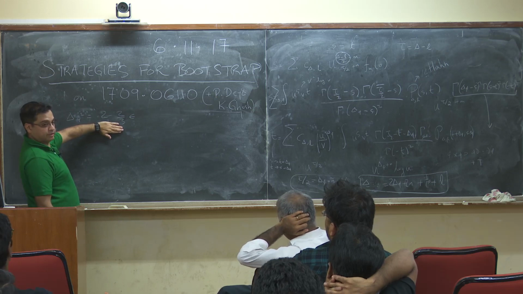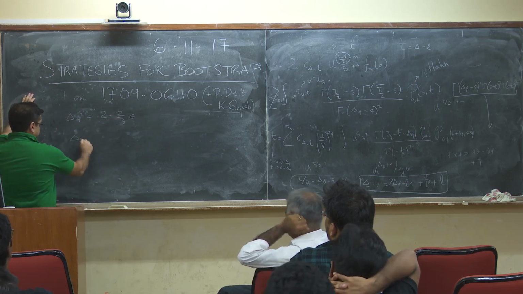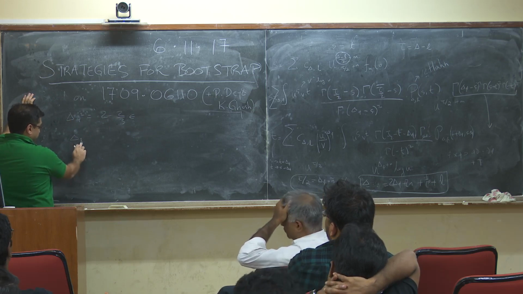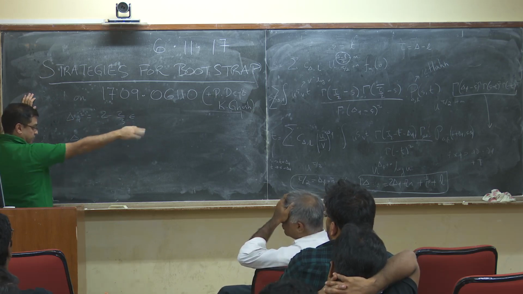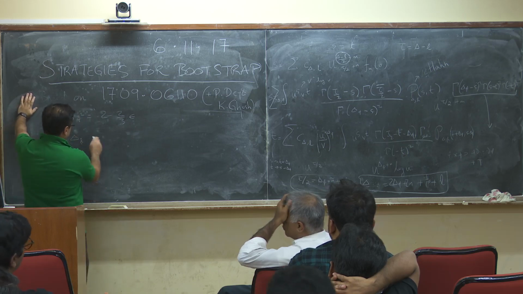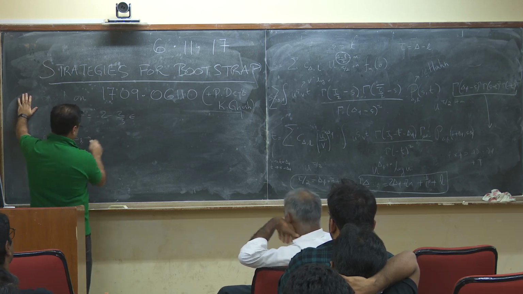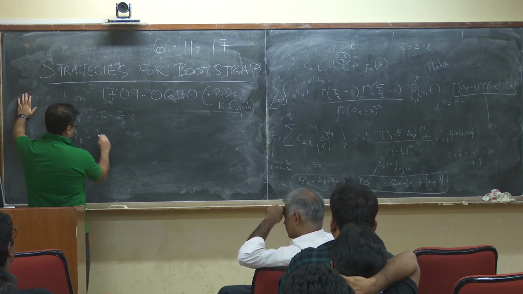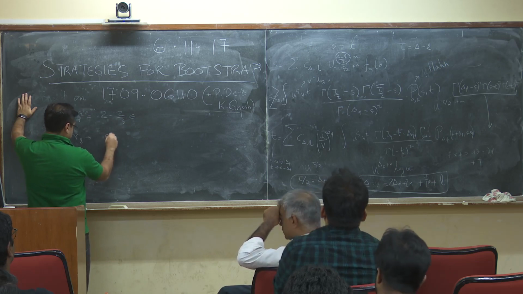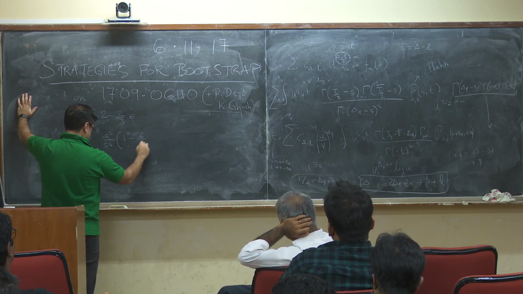Now here we have derived the anomalous dimensions of these double field operators. The exercise you can do is that these anomalous dimensions gamma L are known to be epsilon squared by 54, times 1 minus 6 over L into L plus 1.